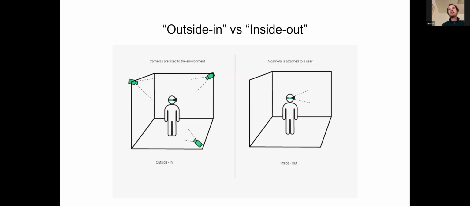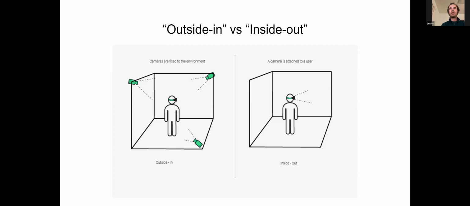A really core concept here is the notion of inside-out versus outside-in. Oddly, it seems to only be in the VR/AR world. I don't really hear roboticists say it too much, or people concerned with mapping or robot locomotion. I usually hear it in VR and AR, but the concept is very important.